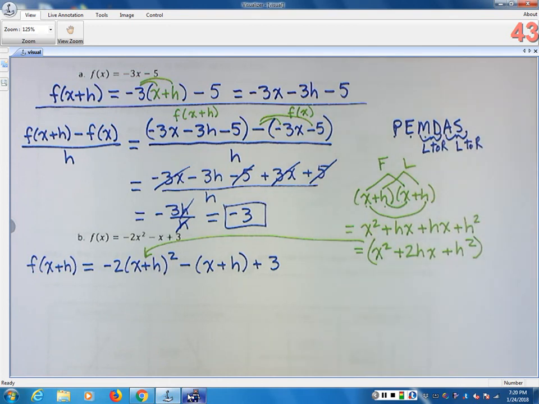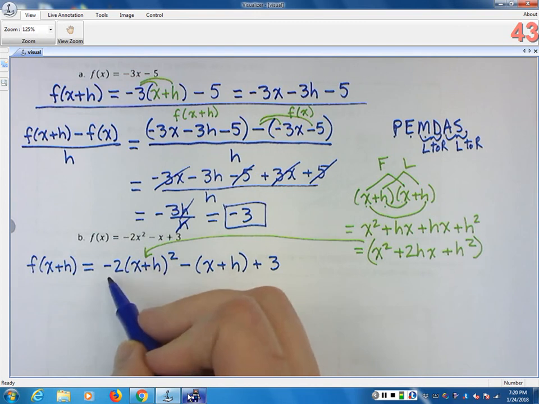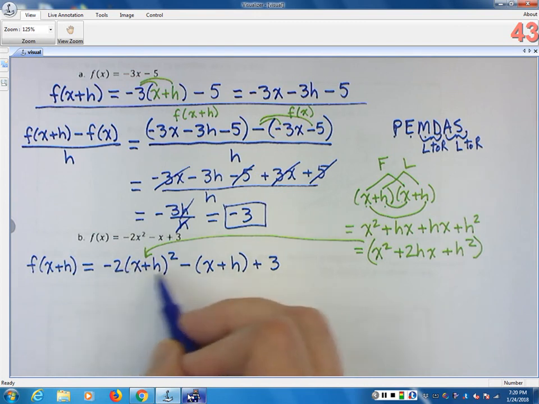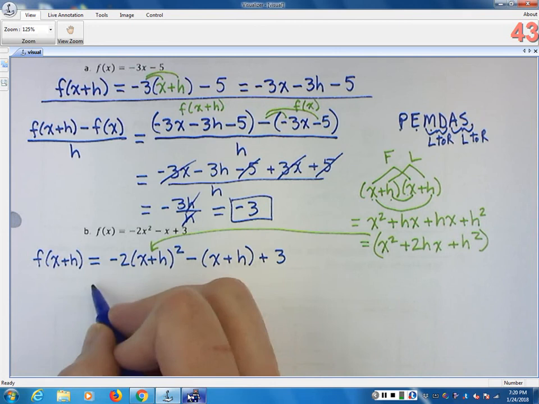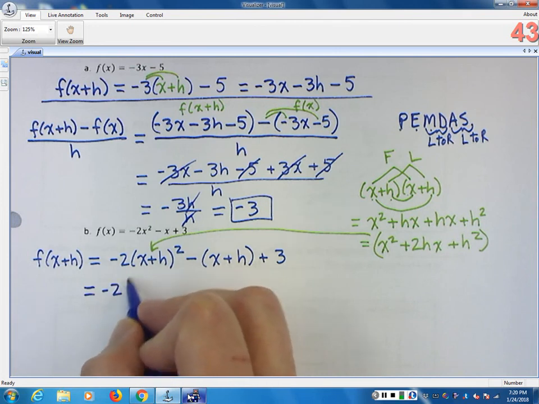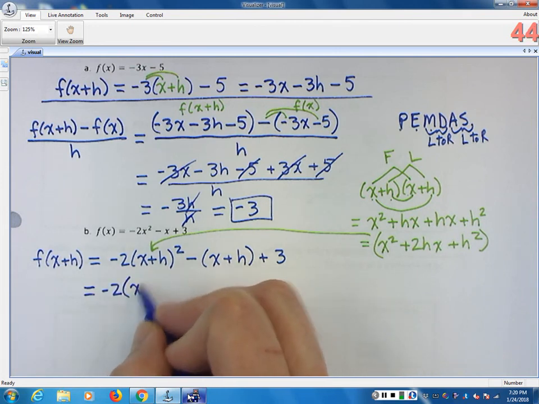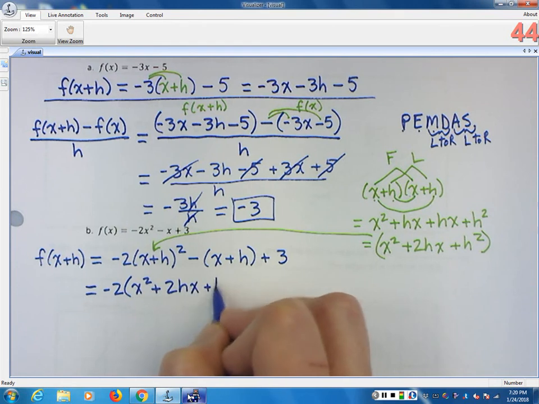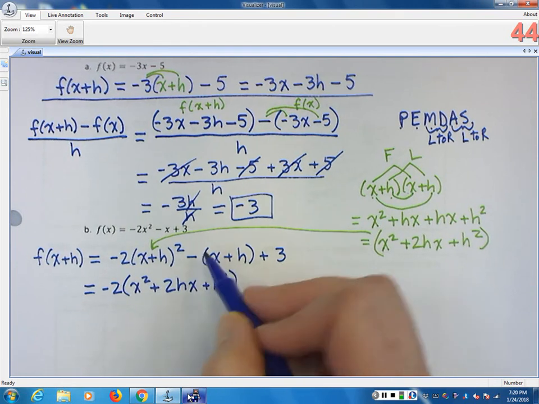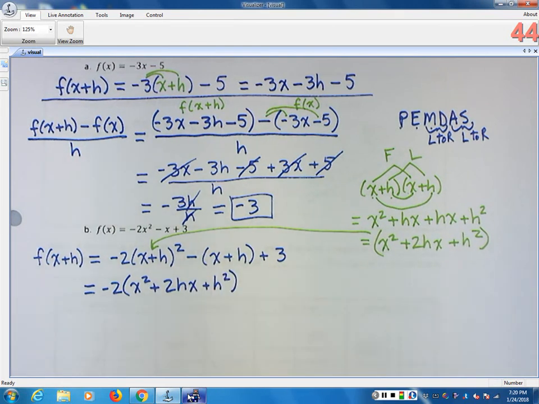Okay, so we cannot distribute the minus 2 before we square this. Exponents before multiplication. So this is minus 2 times x squared plus 2hx plus h squared. And we'll distribute the minus sign in here.